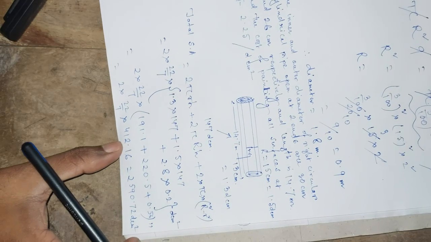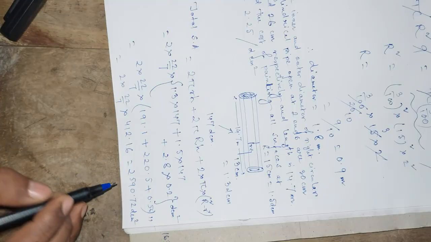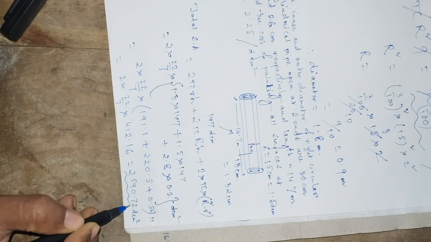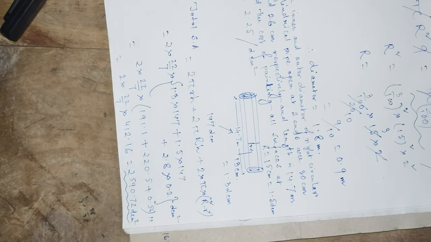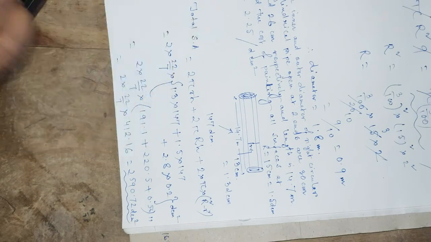So if we calculate this value, we are getting 2590.72 dcm square. Now for 1 dcm square, the price is 2.25.